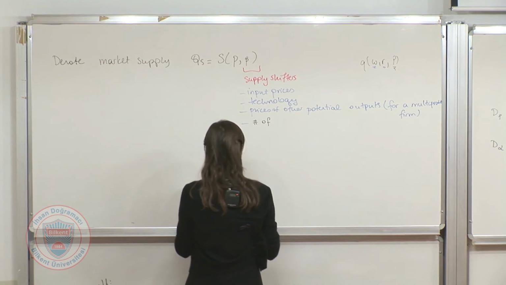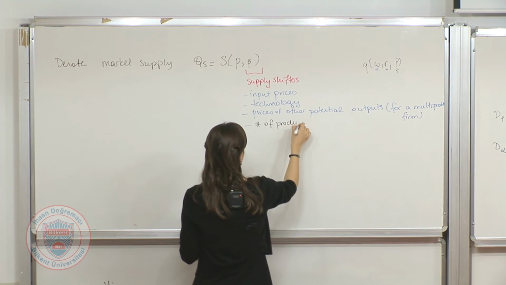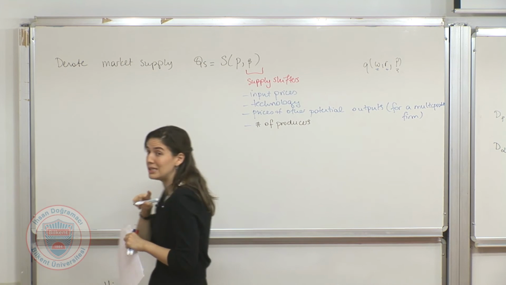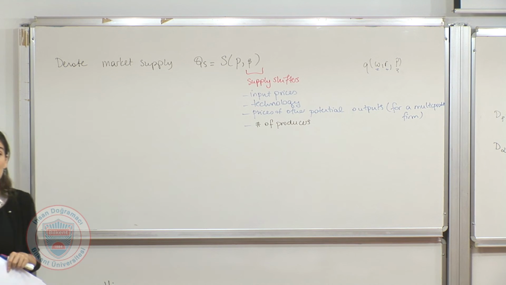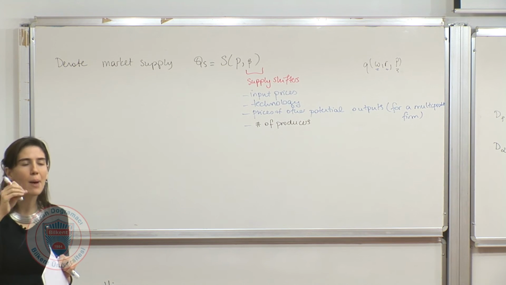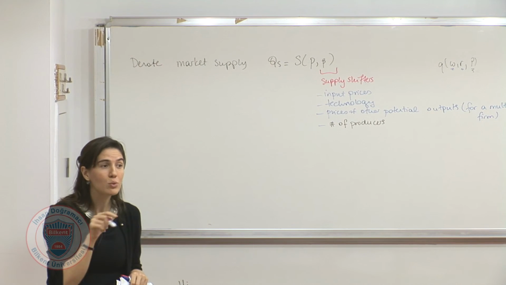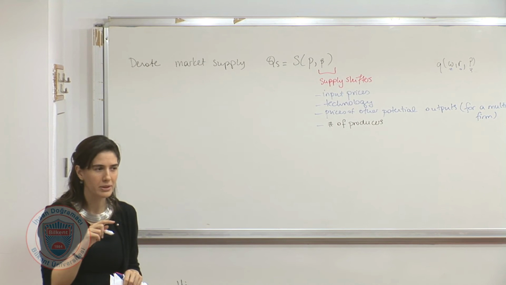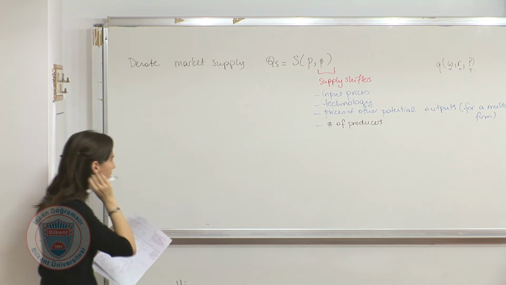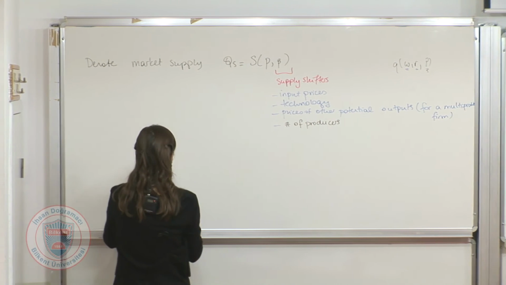So let's put it: producers. But you'll see that in the long run, so remember, in the short run, I said that the number of producers is fixed. In the long run, it will be endogenously determined in the market. So you're going to see. So this is basically the case.